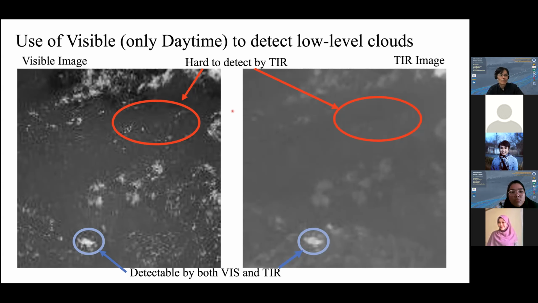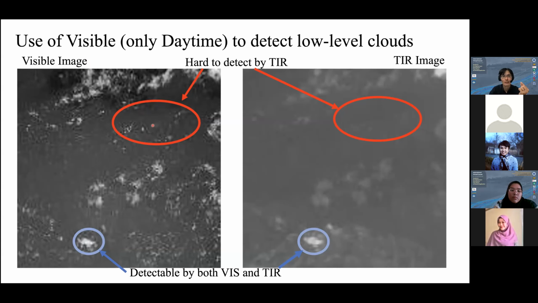On the other hand, with visible wavelengths during the daytime, you can easily recognize the cloud because of the high reflectivities due to the cloud particles. By utilizing the visible wavelengths with the assistance of sunlight, you can easily see patchy clouds that can be detected compared with the thermal infrared.